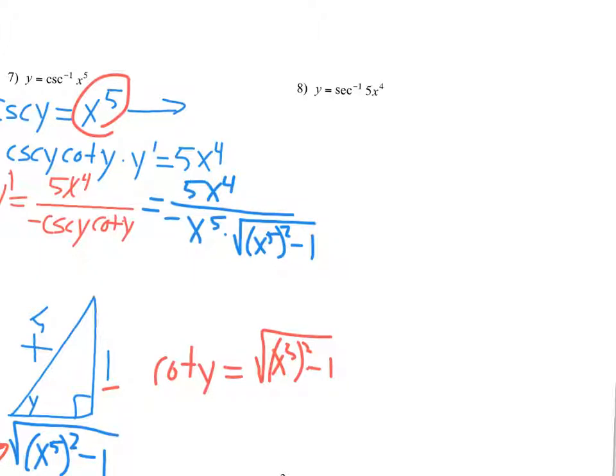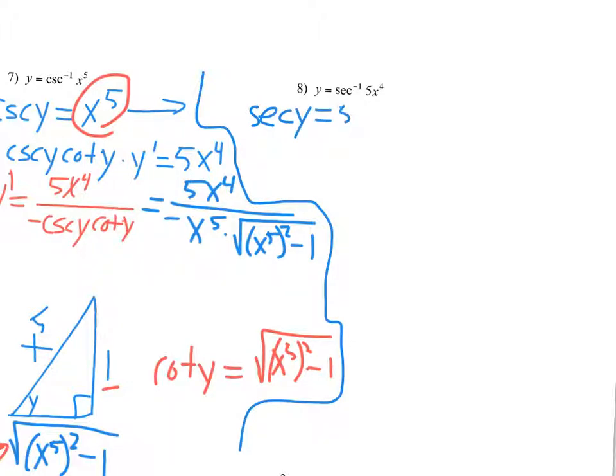I'm going to make some nice little barriers here. So we were starting with secant of y is equal to 5x to the 4th. If I take the derivative, we get secant of y tangent of y times y prime is equal to 20x to the 3rd.